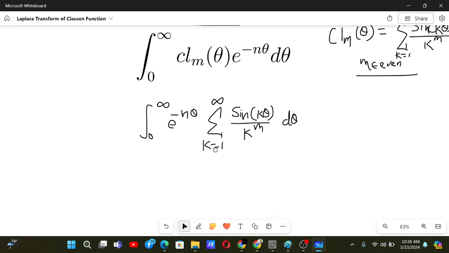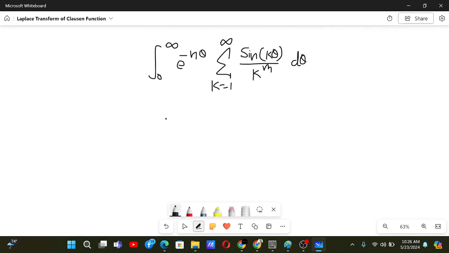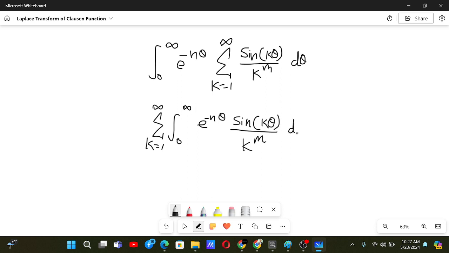Okay, now let's take the sum outside the integral. Sum from k equals 1 to infinity, integral from 0 to infinity of e to the power minus n theta, sine of k theta by k to the power m, d theta.